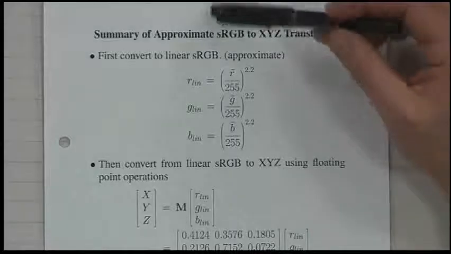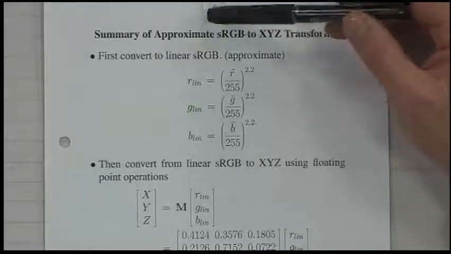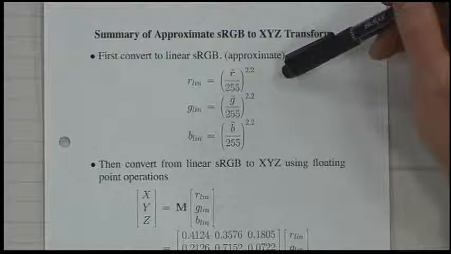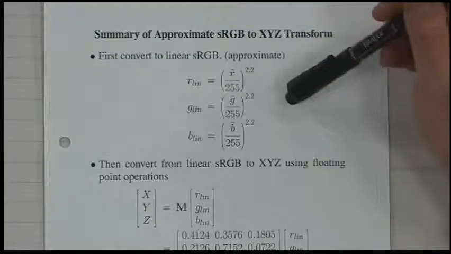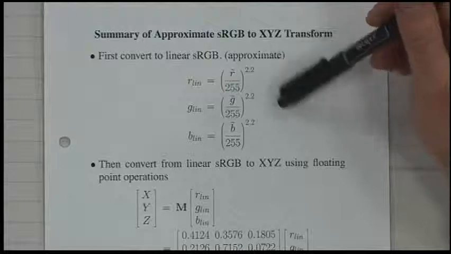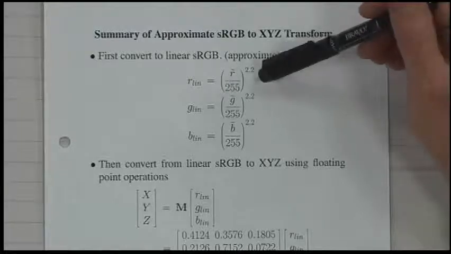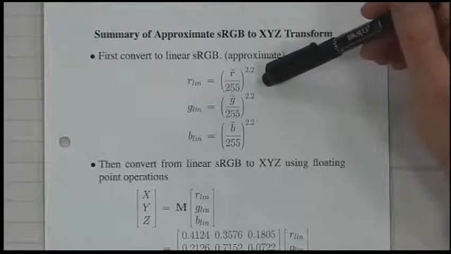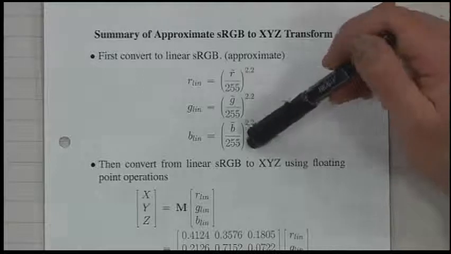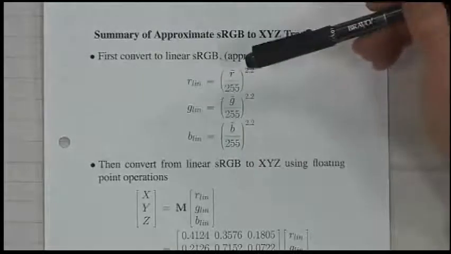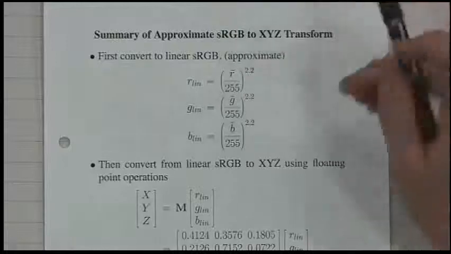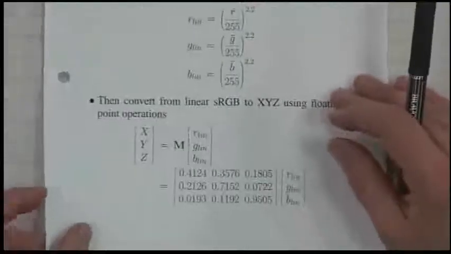Now, I should also mention, and I think it was said before, that this is not the exact sRGB relationship. I'm going to give you the exact one in a moment, but it has various little things in it. So if you want to do it exactly, I'll talk about it in just a moment, but this is the concept, okay? So you first remove the gamma correction from each of the components, and you get linear RGB. So the RGB is linear with a white point of D65.